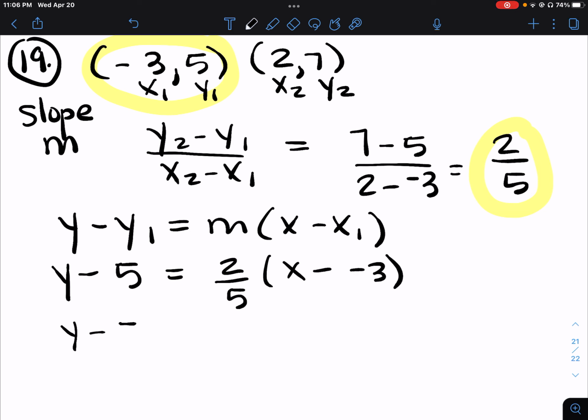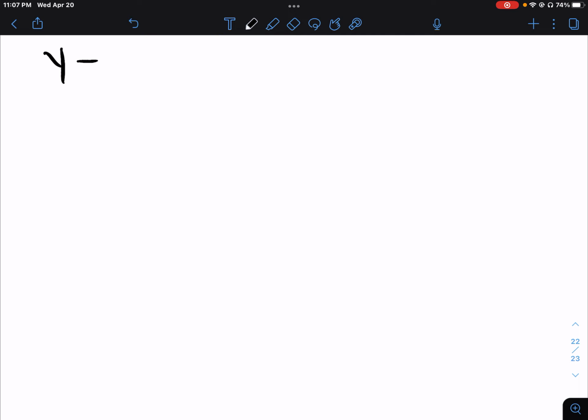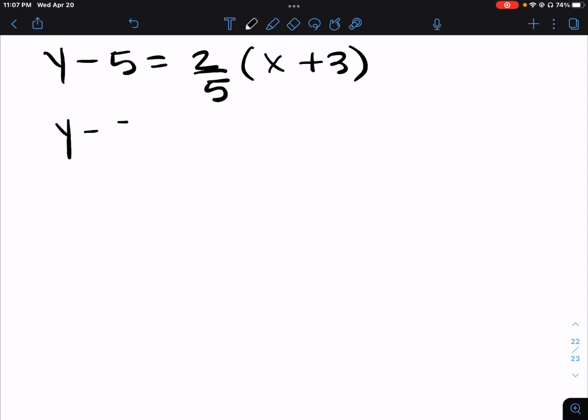I get y minus 5. Minus a negative turns to plus. So I have y minus 5 equal to 2/5 times x plus 3. I need to distribute that 2/5.